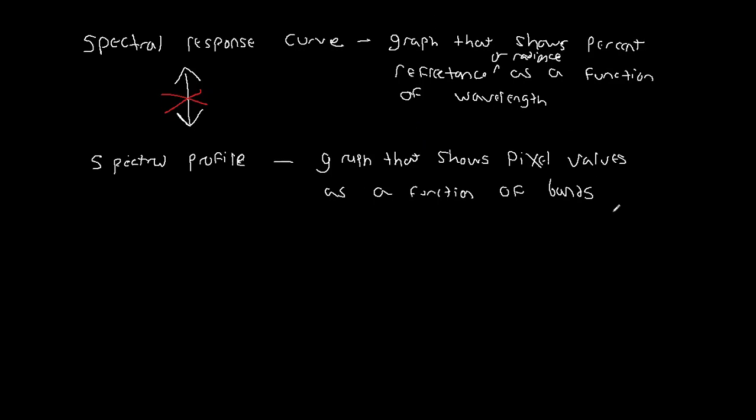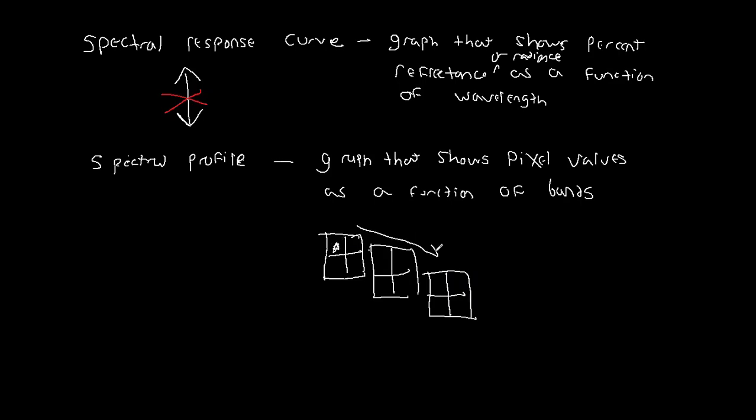And so if we just quickly sketch this out, I'm going to be quick about this, so I apologize if my art skills are lacking here. If we have this pixel right here, and these are bands, this is a very crude remote sensing data structure.